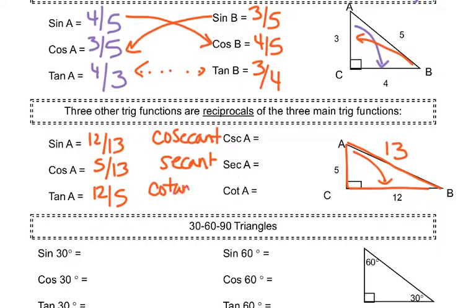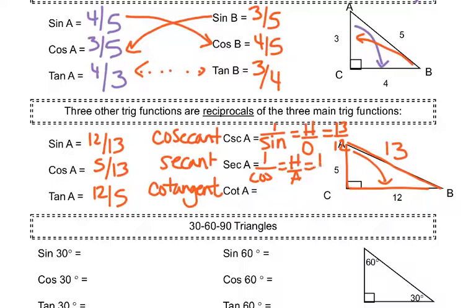And these are what we call the reciprocal trig functions. Cosecant is 1 over sine, or hypotenuse over opposite, or in this case 13 over 12. Secant is 1 over cos, or hypotenuse over adjacent, or in this case 13 over 5. And cotan is 1 over tan, or adjacent over opposite, or 5 over 12.